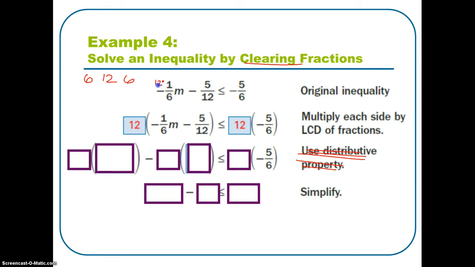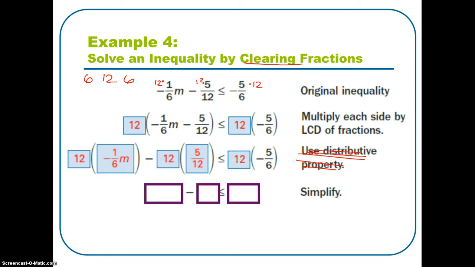I just go ahead and multiply each fraction by 12. 12 times negative 1/6, so that's negative 12 divided by 6 is negative 2m. Again, do 12 times 5, 60 divided by 12 is 5, and that's less than or equal to 12 times 5 again is 60 divided by 6, and that's a negative 10.